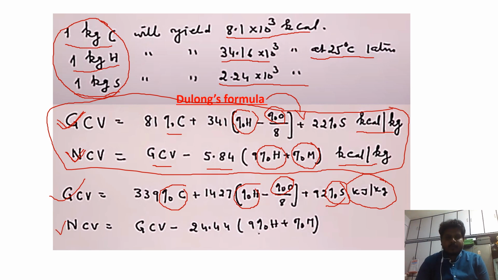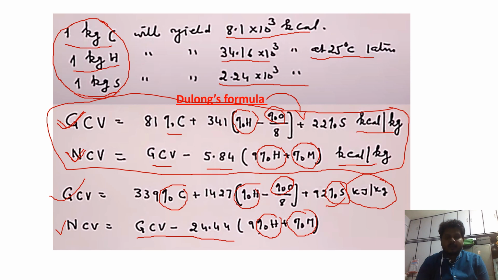In the same way, to find the net calorific value, it is gross calorific value minus 24.44 into 9 percent of hydrogen plus percentage of moisture.